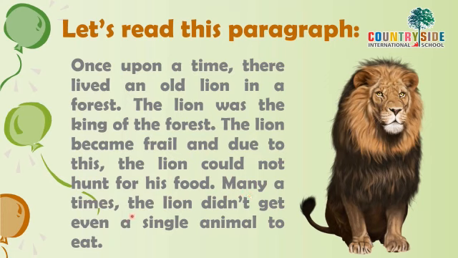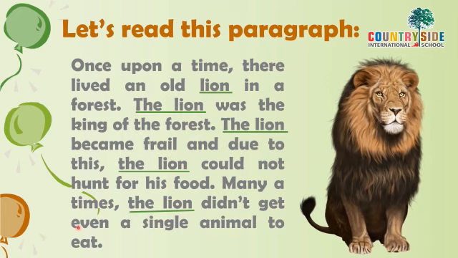Many a time, the lion didn't get even a single animal to eat. Now children, what do you think? What is the word which is continuously repeating in this paragraph? Lion, again the lion, again the lion. And this word lion is a noun.